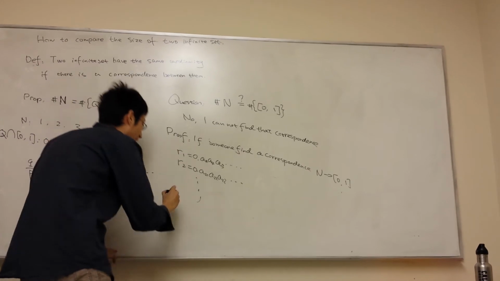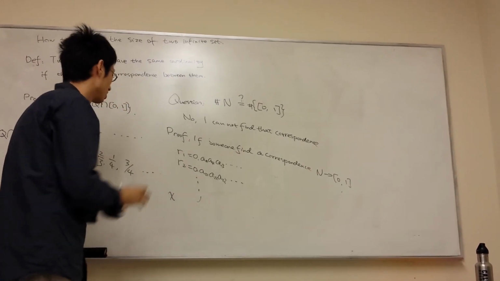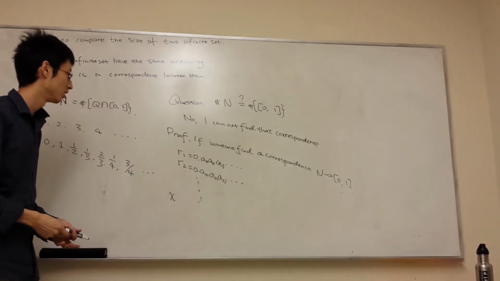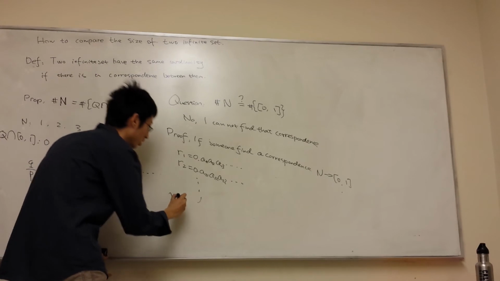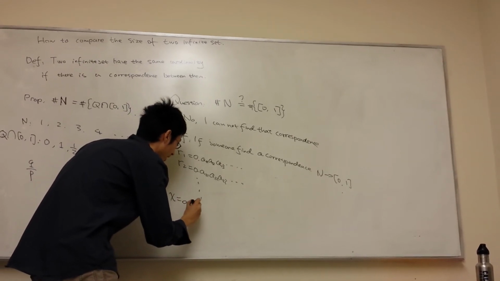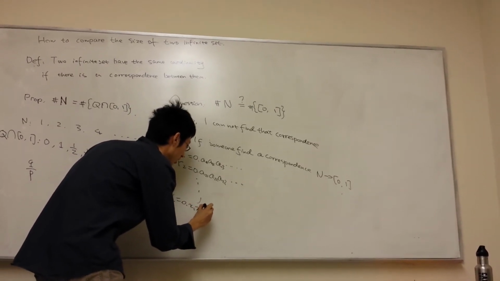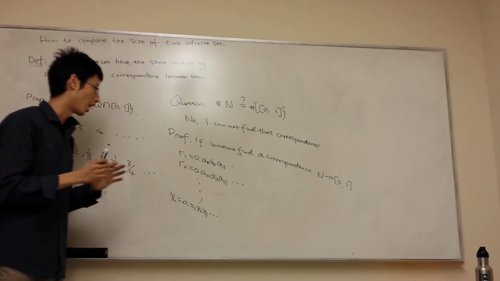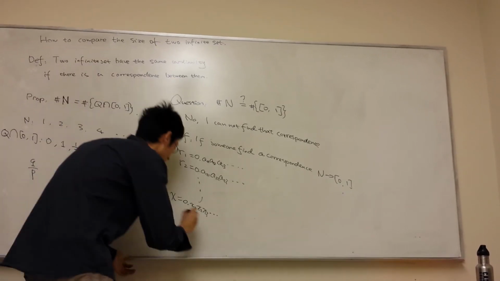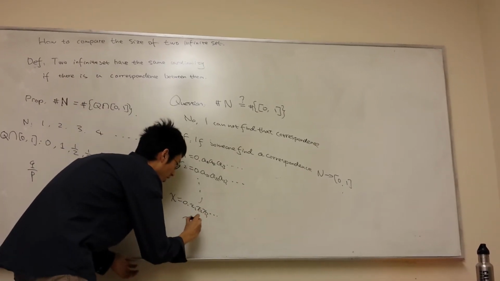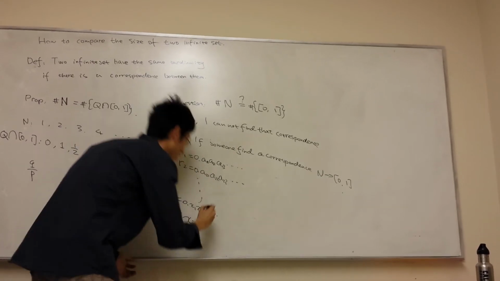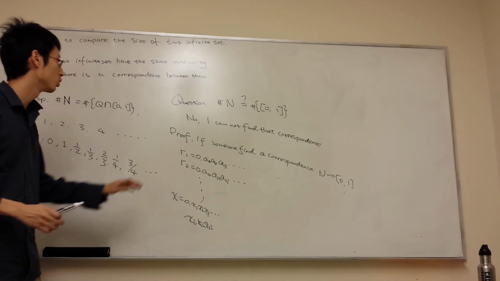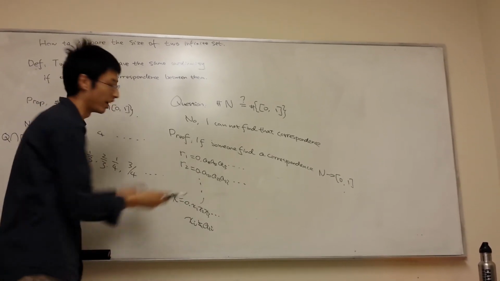We want to find an x that is not equal to any r_n. So we say x equals 0.x1, x2, x3, and I want to construct x so that x_i is not equal to a_ii. So I claim x is not equal to any of the r_n.